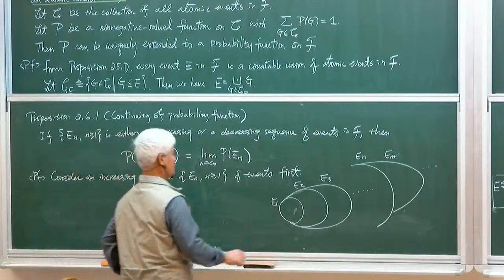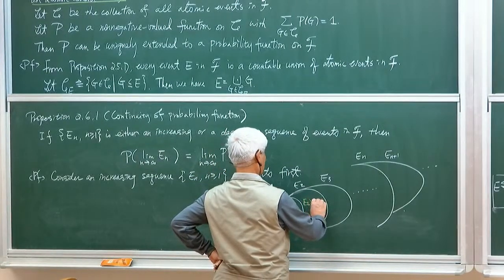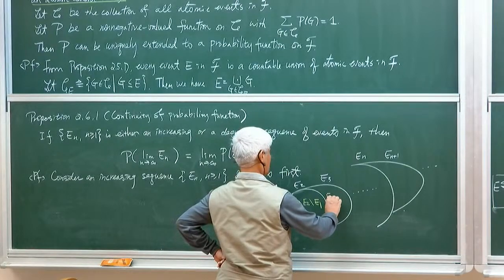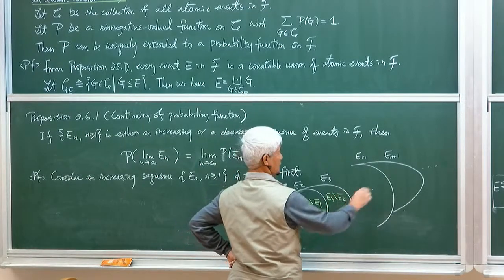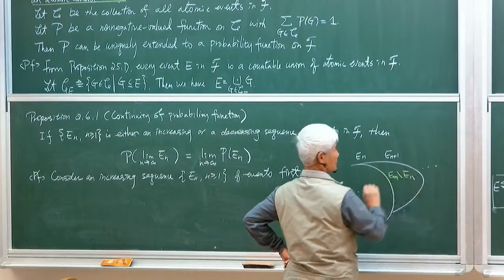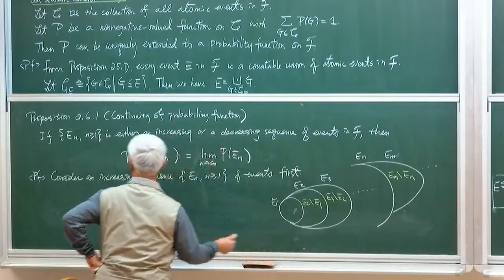This part is E2 minus E1, this part is E3 minus E2, and this part is E(n+1) minus En.